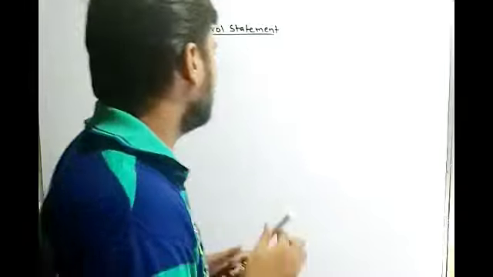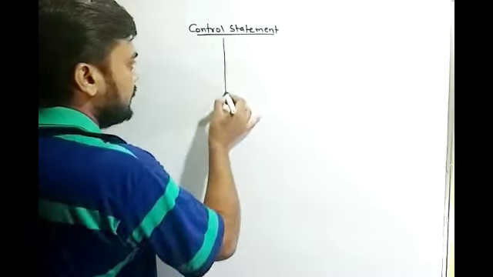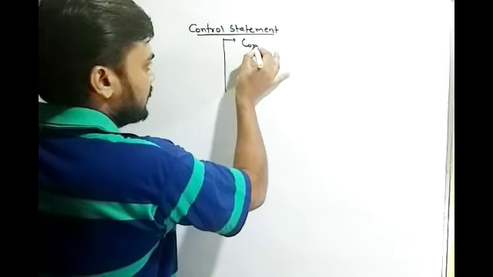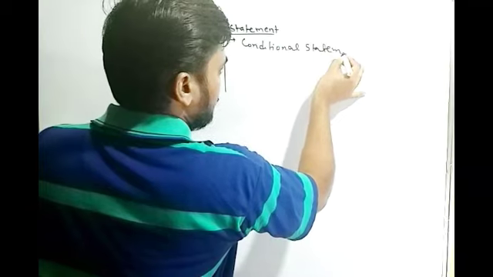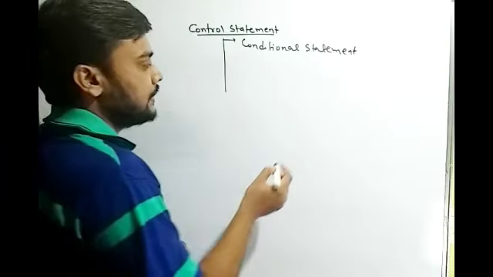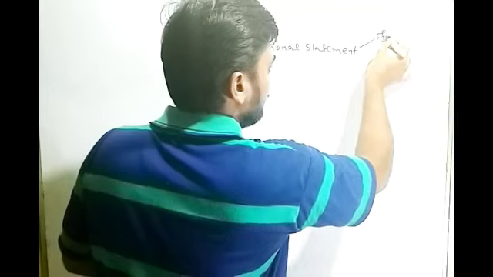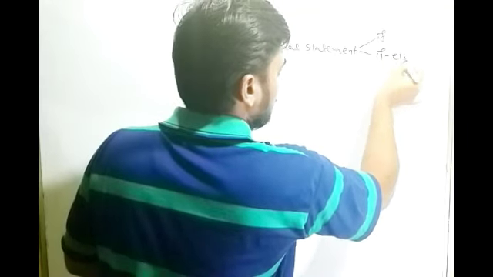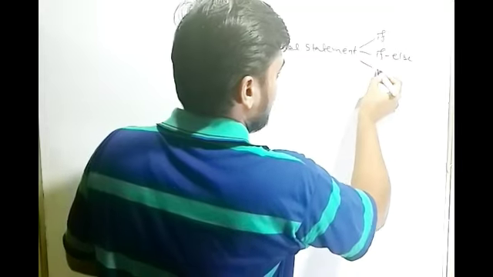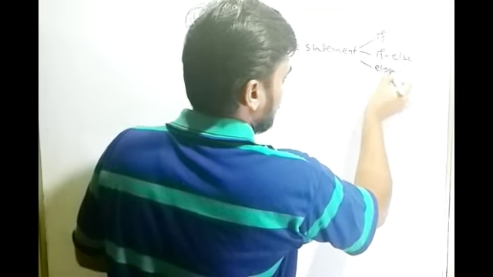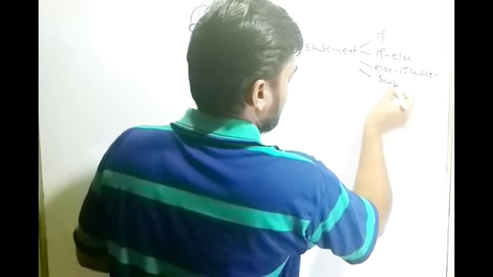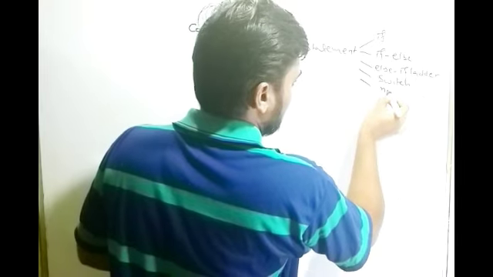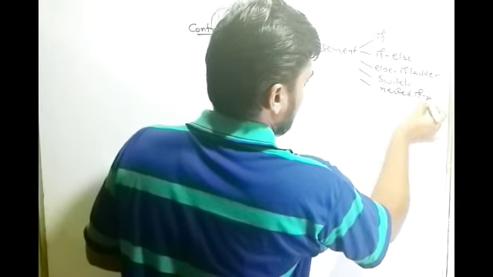Now we understand the types of control statements. Control statements are generally divided into conditional statements. Conditional statements are divided into the if else block, else if ladder, switch statement, and nested if else.